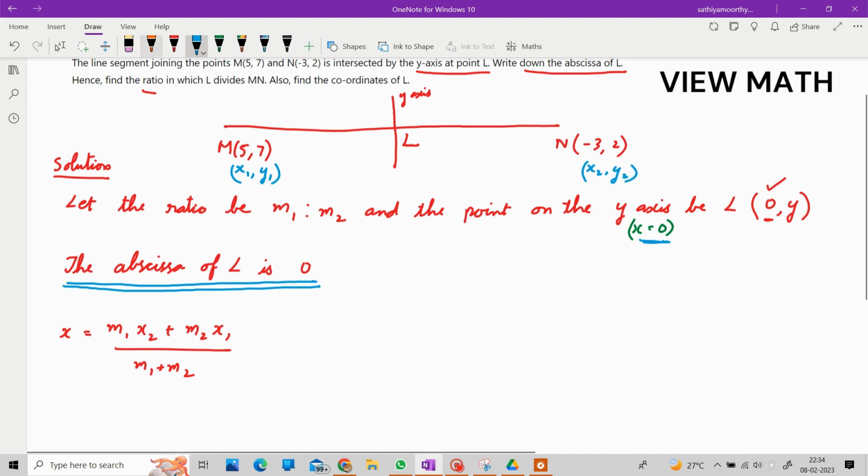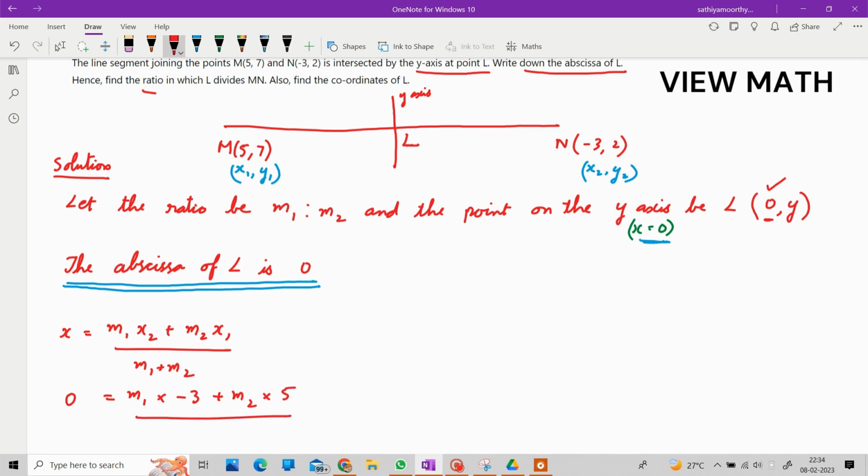Now let me substitute it. The x value I know, this is equal to 0. This is equal to m1, which I need to find out, into x2, x2 is minus 3, plus m2 into x1, x1 is 5, divided by m1 plus m2.